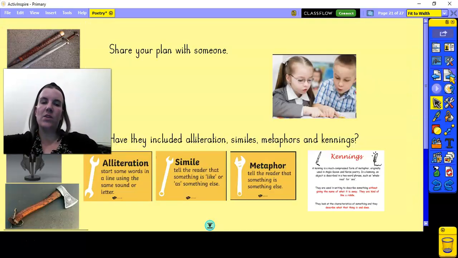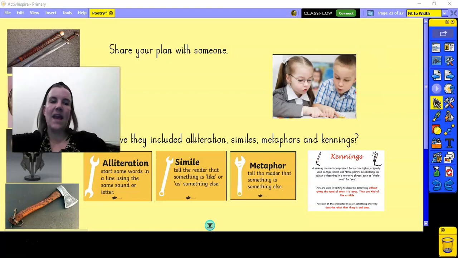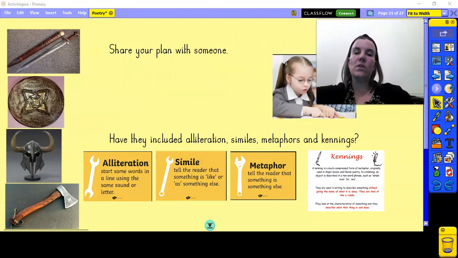Any good poet wouldn't usually create their ideas first time. So it may be now that you need to share your ideas with somebody else. I want you to have a read of your plan and explain to somebody in your household exactly what viewpoint you're writing from, whether you're writing from the shield or the helmet or the sword like me.